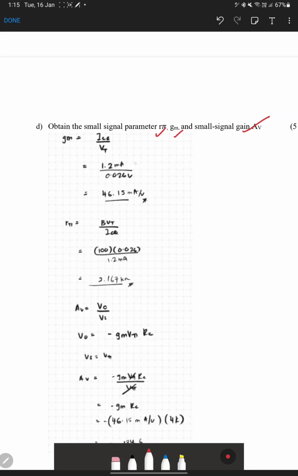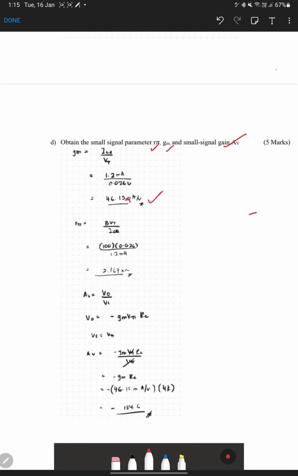So IC that we calculated in the previous questions, we got 1.2 milliamp. So we divide by VT 0.026 volt, and we get value for GM 46.15 milliampere per volt, because it is ampere over volt.